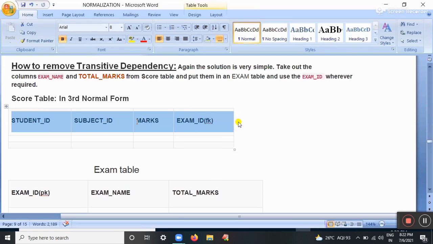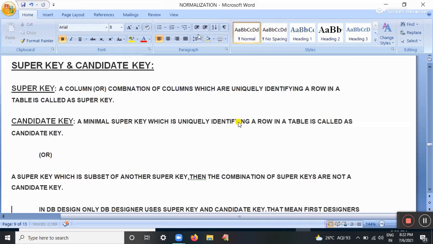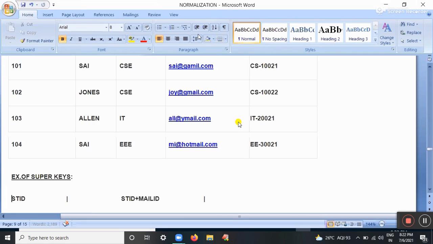So my score table satisfies the third normal form, because it has no transitive dependency columns. This is what the third normal form tells us.